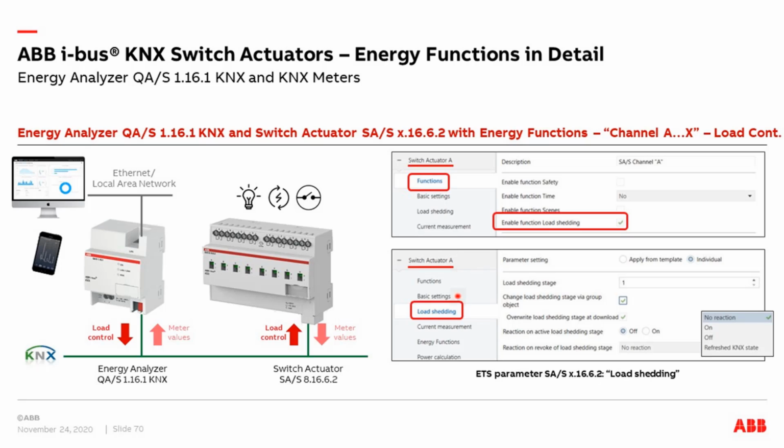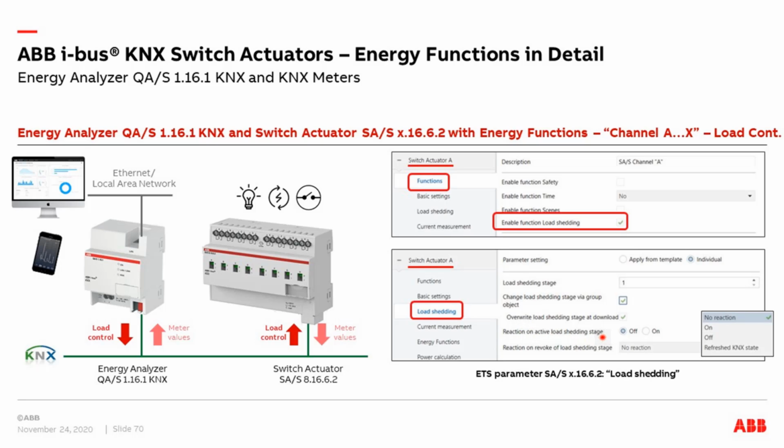This is per channel. In here I can use the template or do the individual settings, and I enter my shedding stage, 1, 2, 3 or higher. I can also enter the shedding stage via group object if I want, or override it, for example, during a download. Now what is important here is the reaction on an active shedding stage.